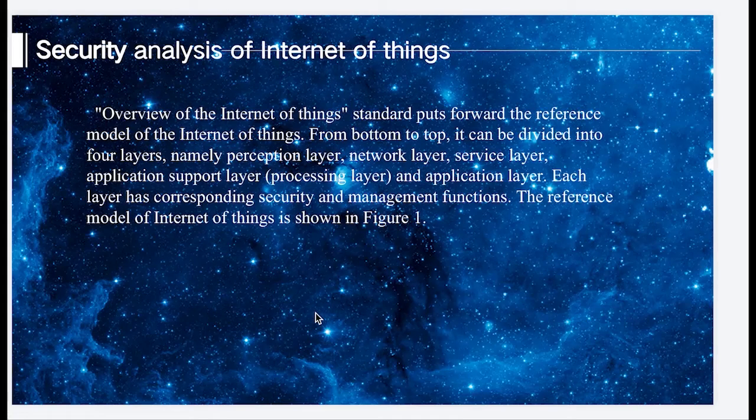It can be divided into four layers, namely perception layer, network layer, service support layer, application support layer, and application layer. Each layer has corresponding security and management functions. The reference model of Internet of Things is shown in Figure 1.